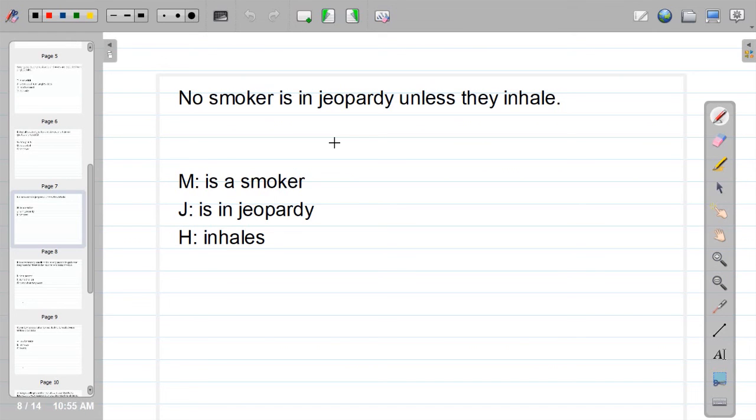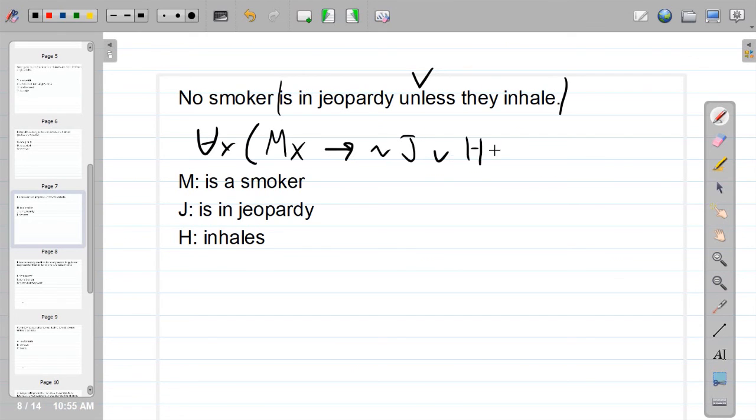For all x, if x is a smoker, mx, then x is in jeopardy unless they inhale, which the unless is, of course, a disjunction. So it's not the case that they're in jeopardy or they inhale. So this whole thing is the consequent.